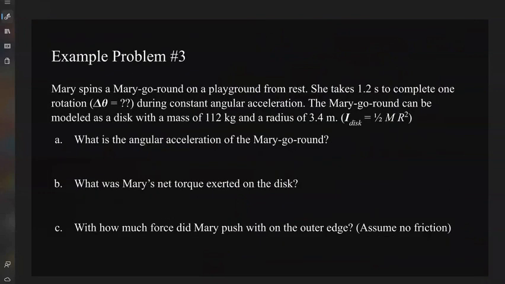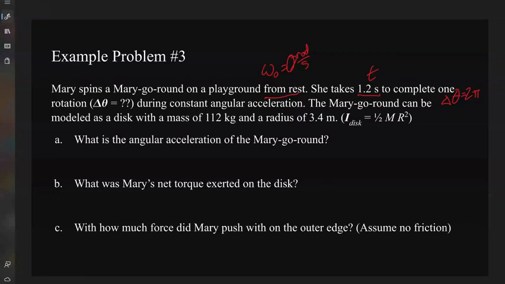Okay. Mary spins on a merry-go-round on a playground from rest. Ooh, from rest. Okay, omega naught equals 0 radians per second. Just writing that down before I forget it. She takes 1.2 seconds to complete one rotation. Well, one rotation, delta theta equals 2 pi, since one rotation is one circle, during a constant angular acceleration.